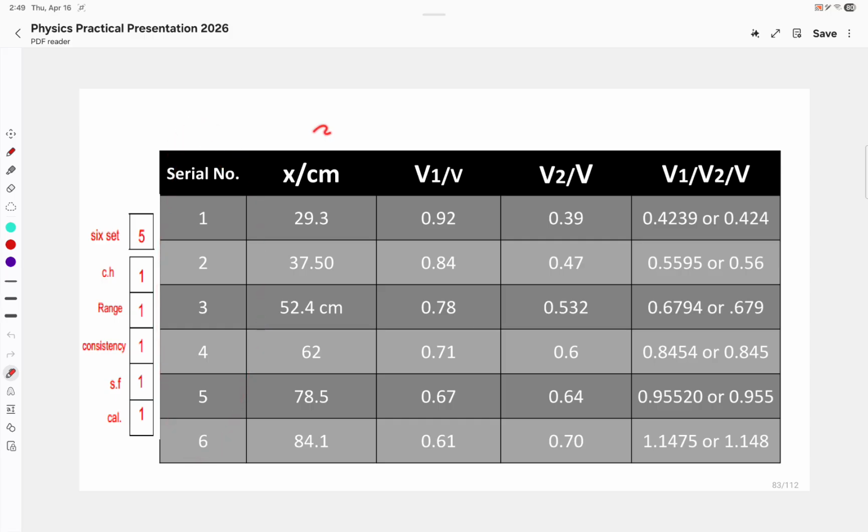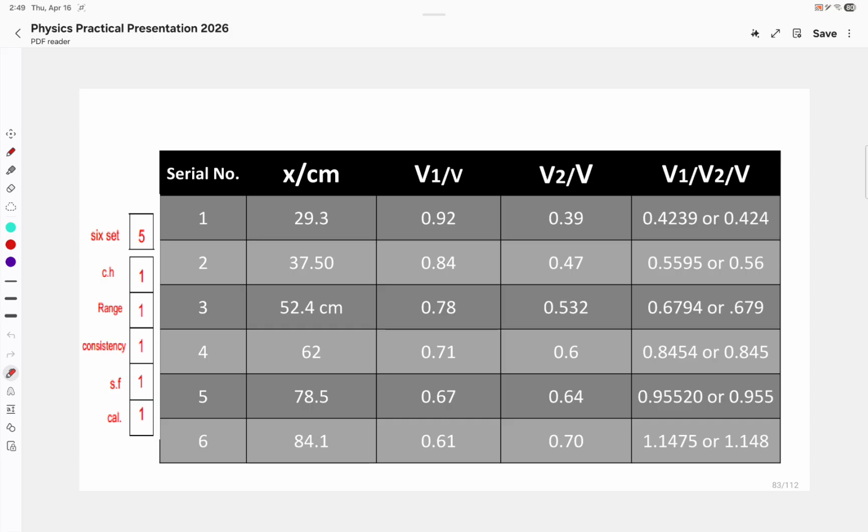Then, sequence-wise in order, the next column for x, then V1, then V2, and then V2 upon V1. There are some values I have just taken randomly, right? This particular table gives you 10 out of 10 if you do not make any mistakes.